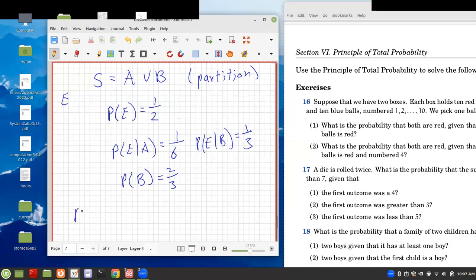Then what is the probability of A? Okay, I'll pause the recording.